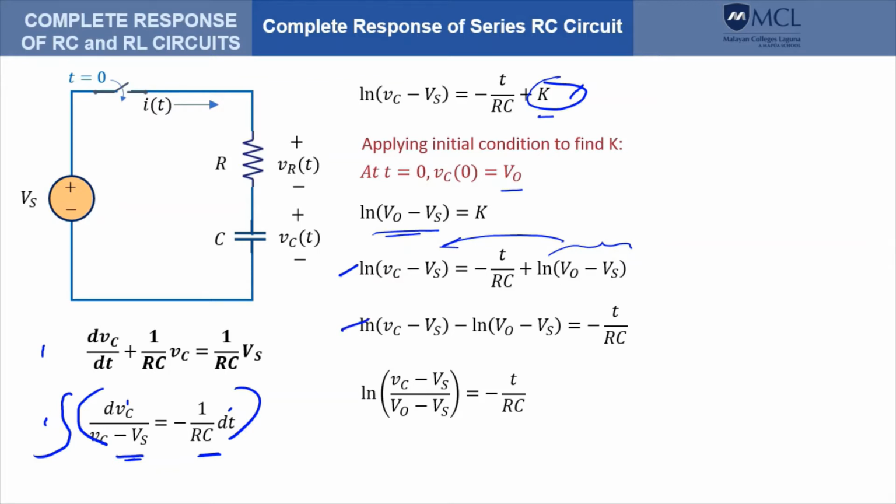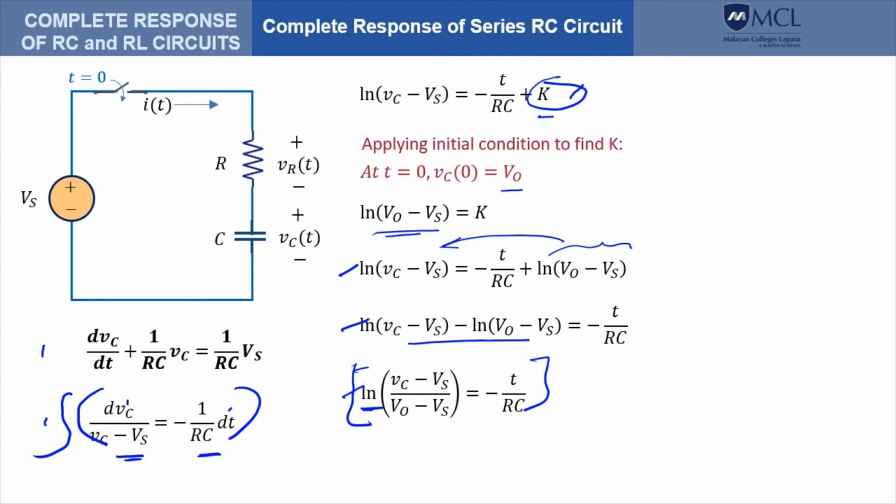And by the property of logarithms, this one can be replaced by this. Okay, so it's a natural logarithm of a quotient. Then we do an anti-logarithmic function in order to express the right side in terms of the exponential function, or we want to get rid of this ln function.